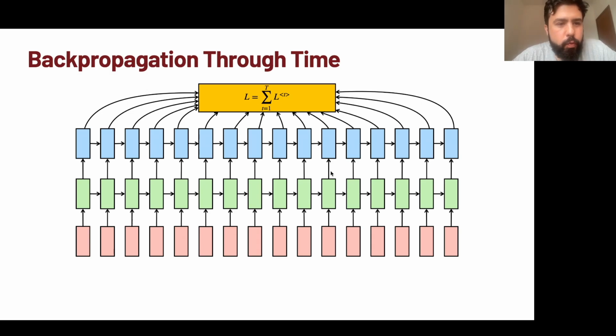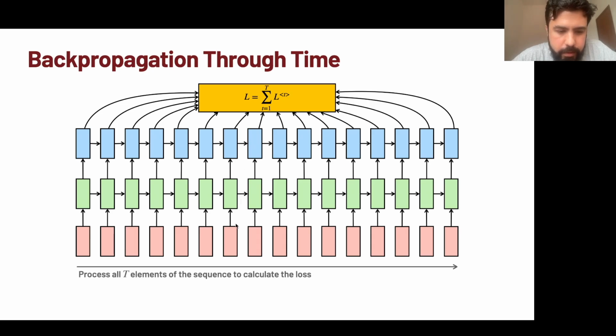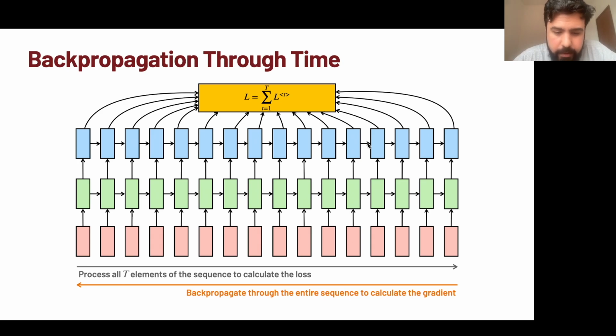The way we train these models is by first processing all the T input elements of the sequence, and then we calculate this loss, which is the sum of the losses of each independent time step, and then we backpropagate through time, because time is the x-axis, right? So you're going to backpropagate through time to calculate the gradients.